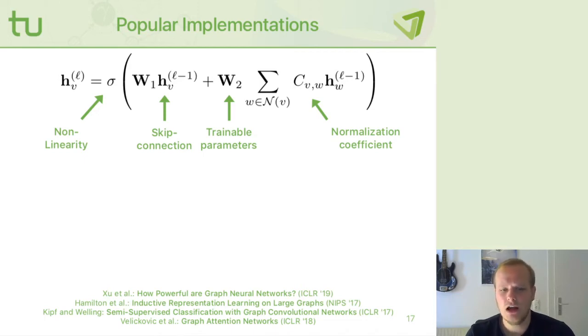And typically, neighboring node features are first normalized before they are aggregated together. And this is here indicated by the usage of the sum. And afterwards, the aggregated output is transformed based on a learnable weight matrix and combined with the central node information based on a simple skip connection. And finally, the output is sent through a nonlinear activation function.